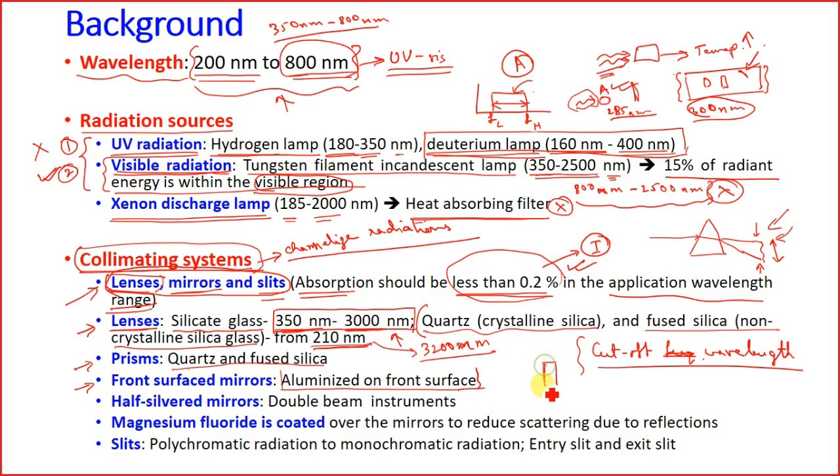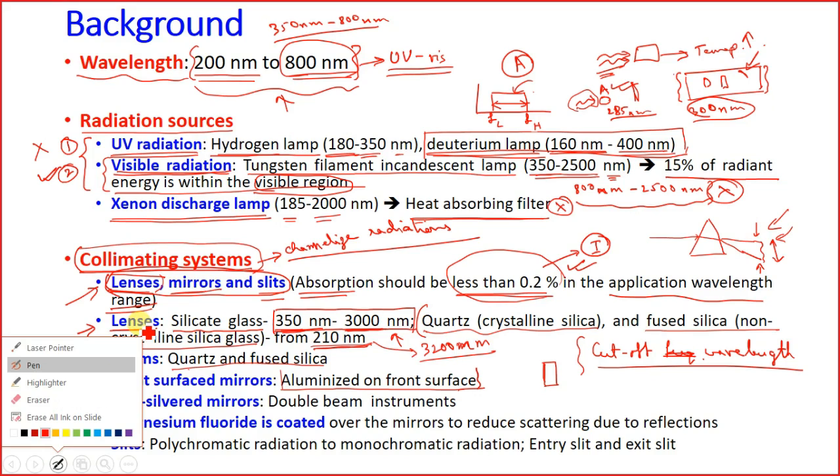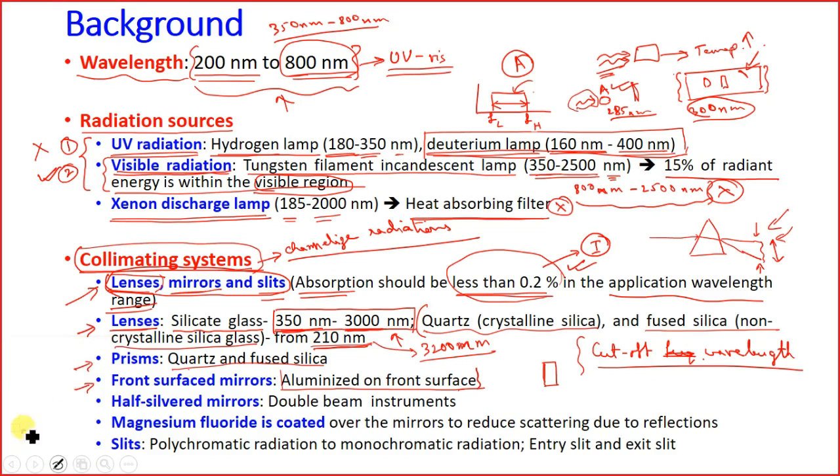Usually, if you look at our home mirror, it is aluminized. That means a thin layer of aluminum is put on the back surface of the glass.